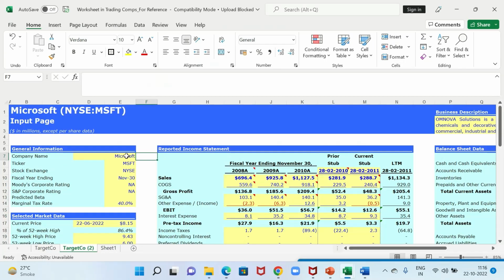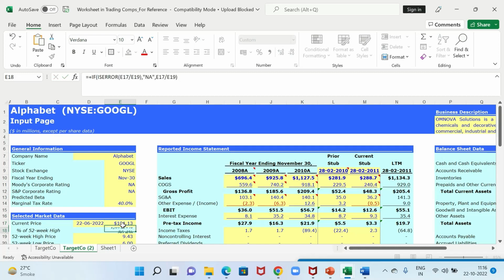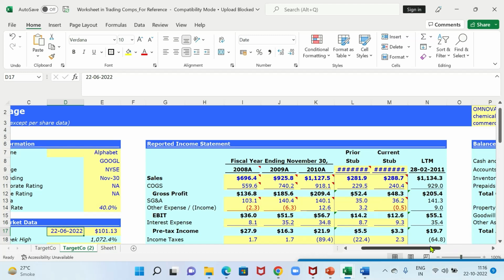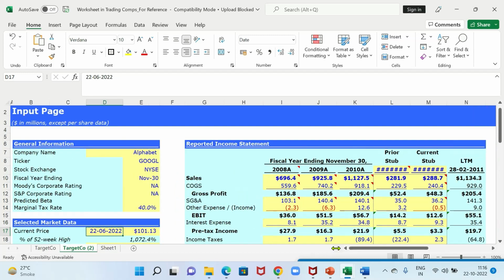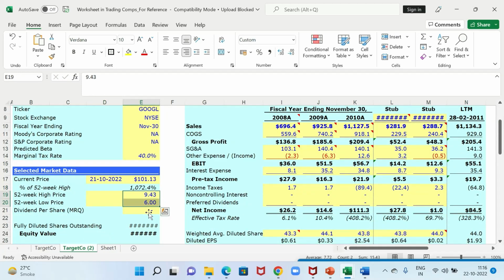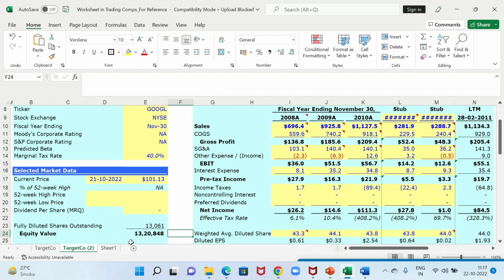We're doing it for Alphabet. My bad. Tell me Alphabet's price. 101.13. 101.13, correct? It will be as of the 21st, right? This will also change, we will put it in later. Today is the 22nd, sir, by the way. Today is the 22nd, but it's yesterday's closing, right? Okay, you're taking yesterday's close, right? Makes sense.